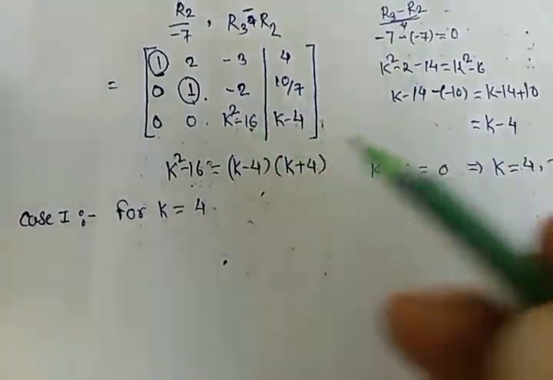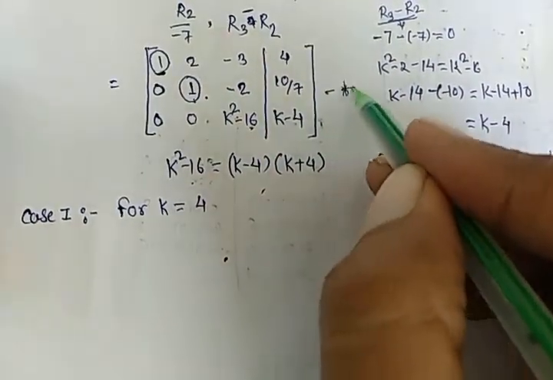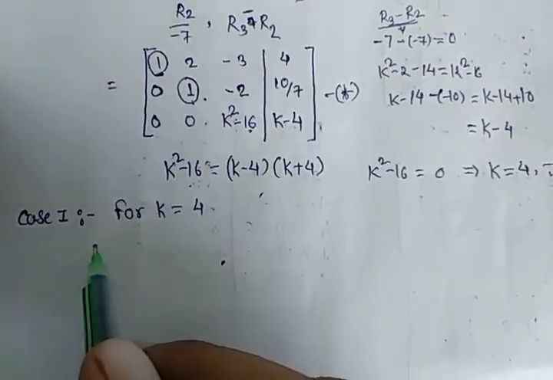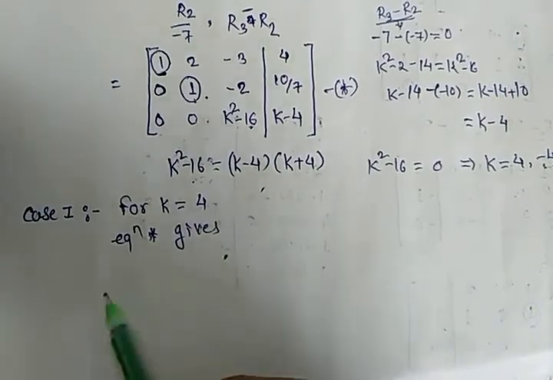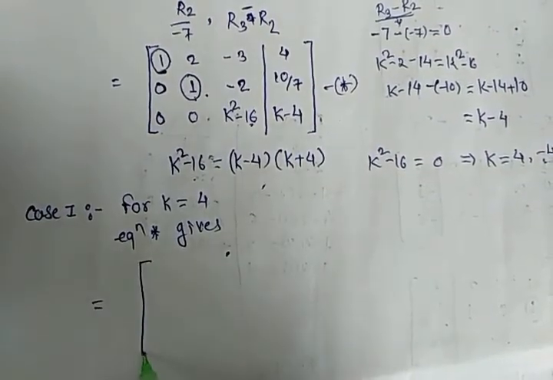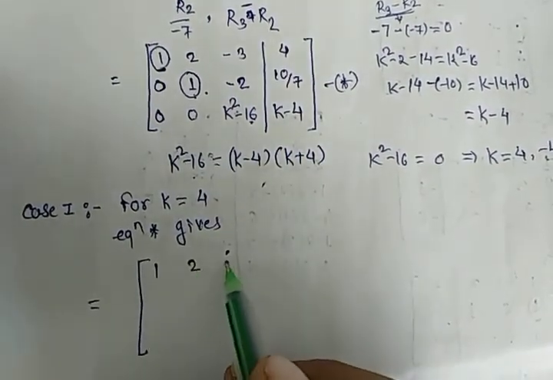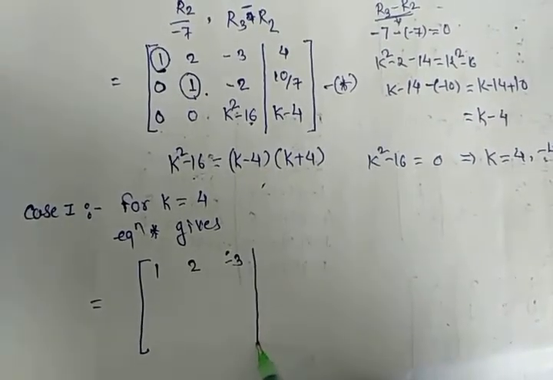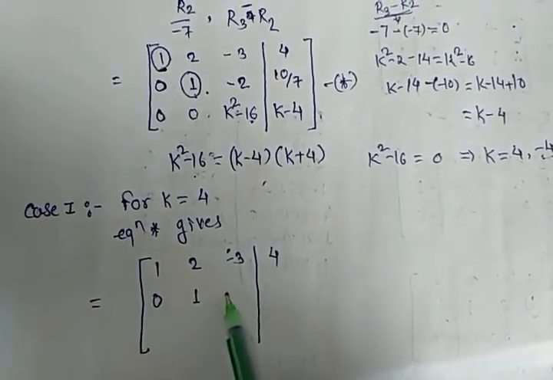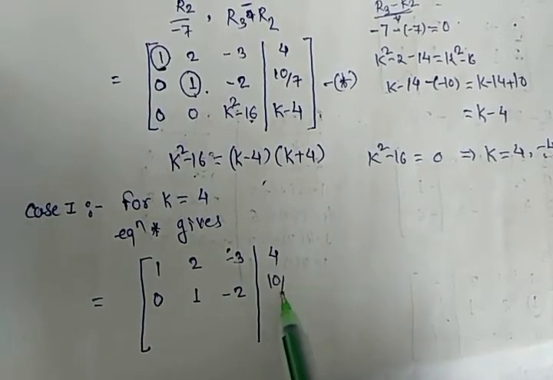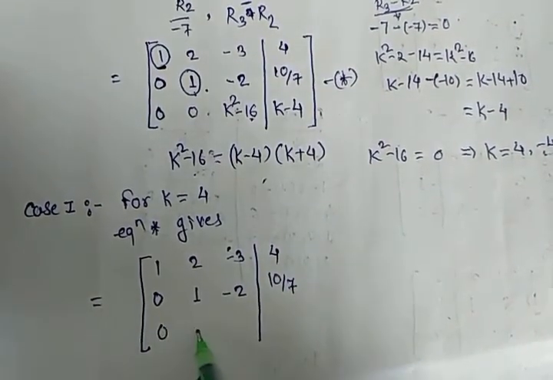We have the above matrix, which we write as equation star. Therefore equation star gives matrix 1, 2, minus 3, 4, 0, 1, minus 2, 10 upon 7, and 0, 0.